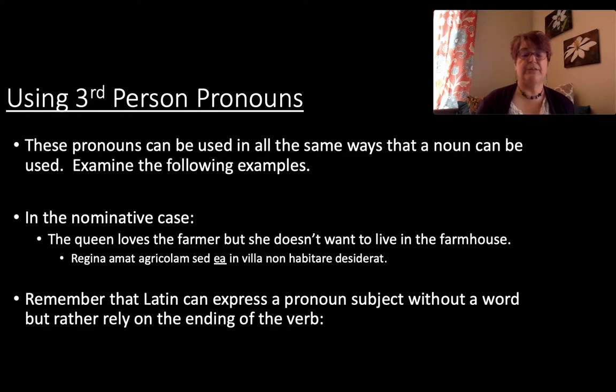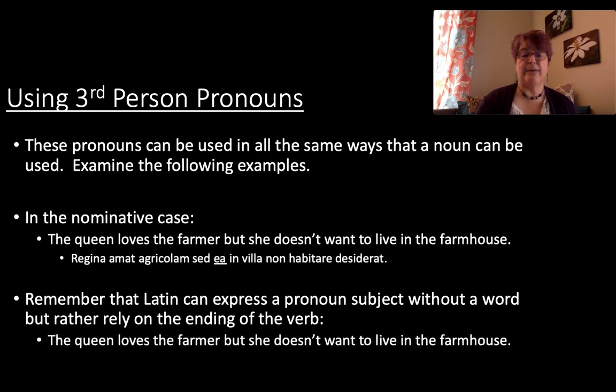In this particular example, we would likely not see the pronoun in a Latin sentence, but instead we would rely on desiderat, the T, to refer to she, meaning the queen, as the subject. The reason for using the pronoun would be to emphasize that she doesn't want to live in the farmhouse.